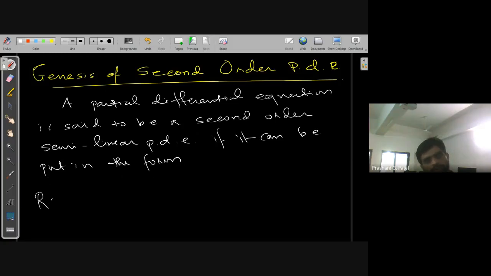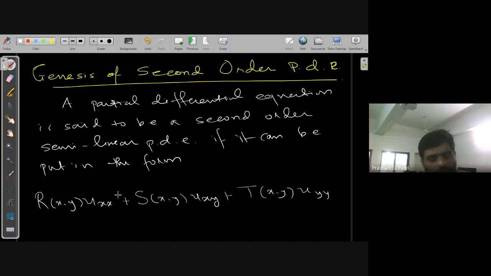R of x,y into uxx plus S of x,y into uxy plus T of x,y into uyy, where u is a function. Uxx means a second order derivative, that is del square u by del x square. This is del square u by del x del y.